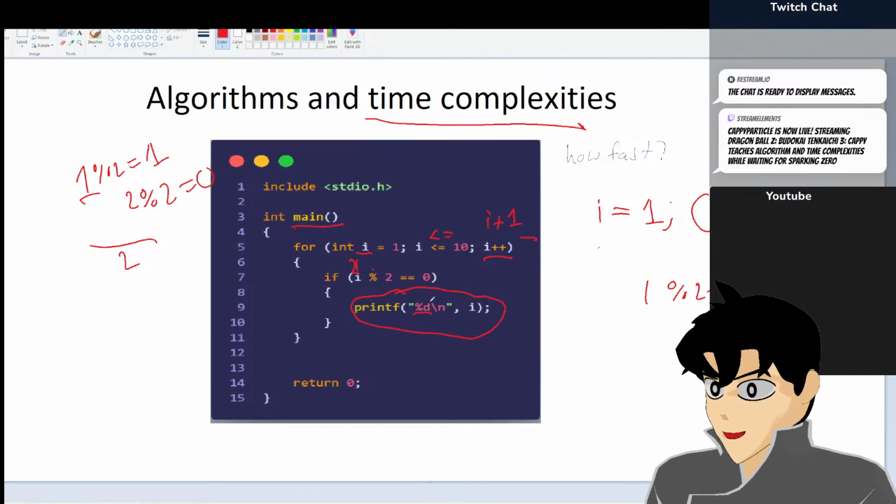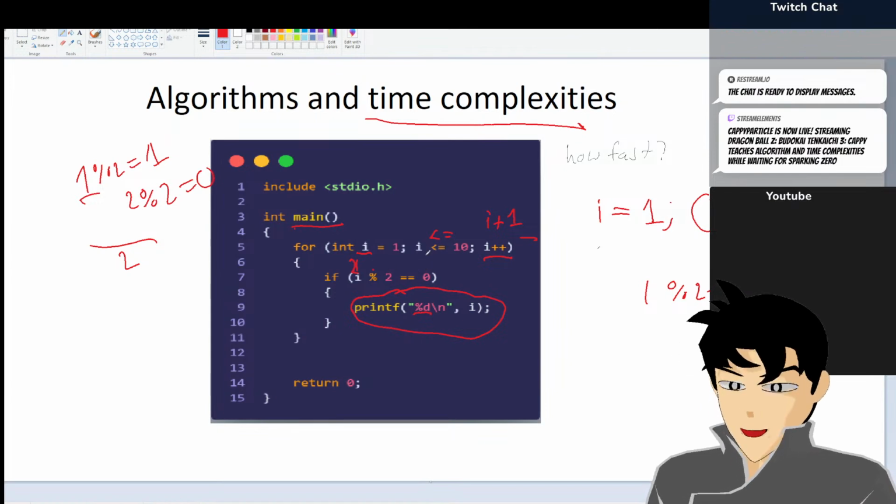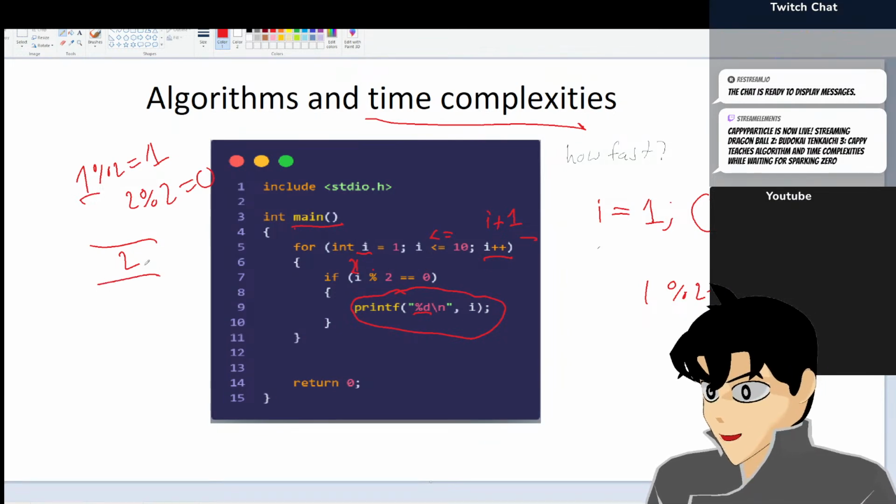The next one moves to 3. 3 modulus 2 equals 1 because there's still a remainder, so it'd be blank.